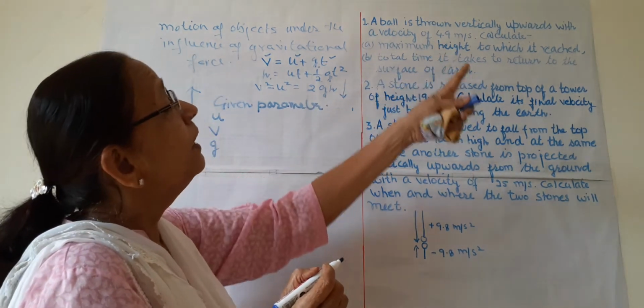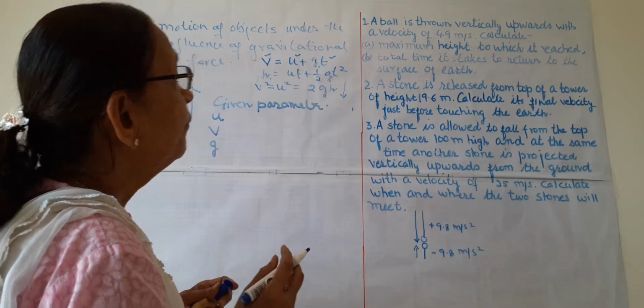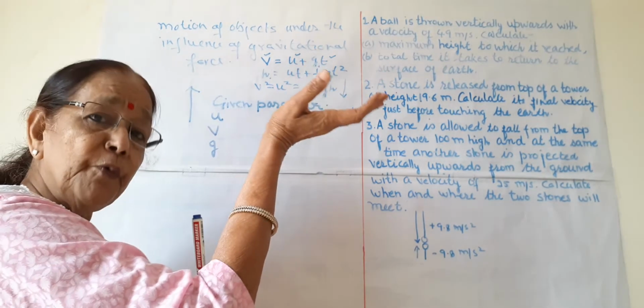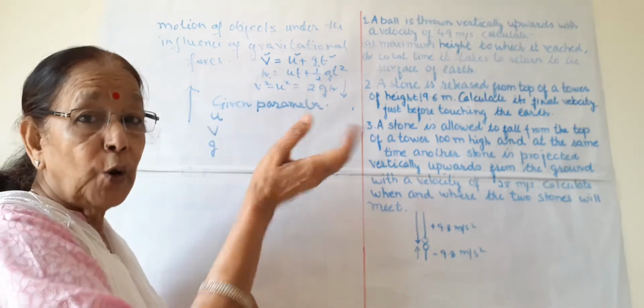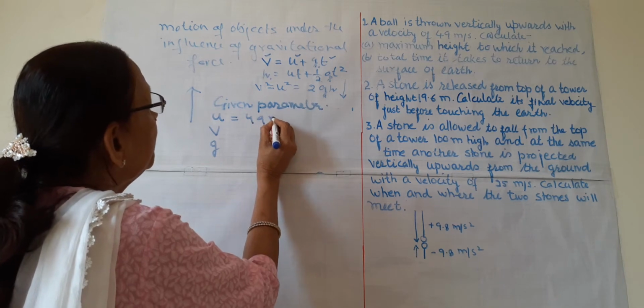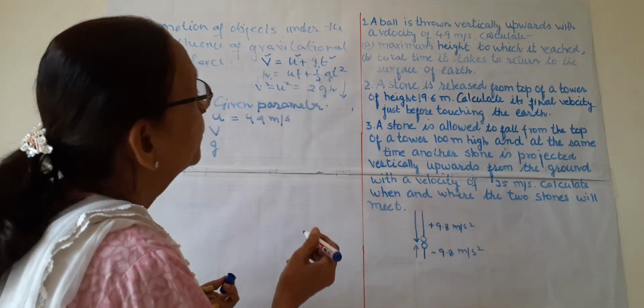Thrown vertically upward with a velocity of 49. I have told you when something is thrown upward then u is not 0. So here u is 49 meters per second.